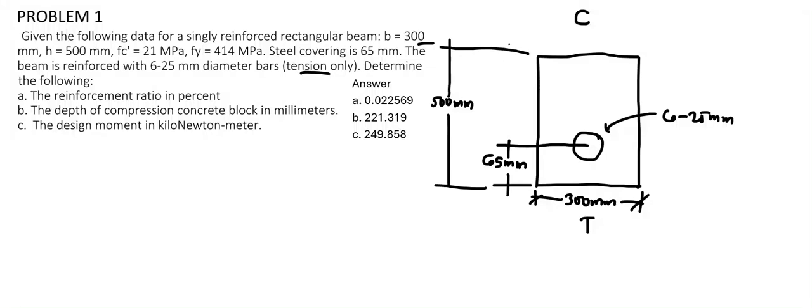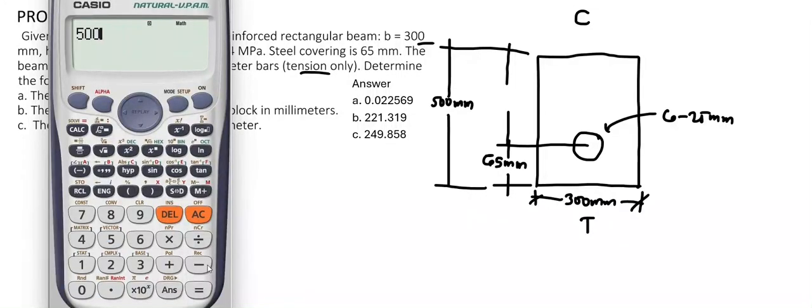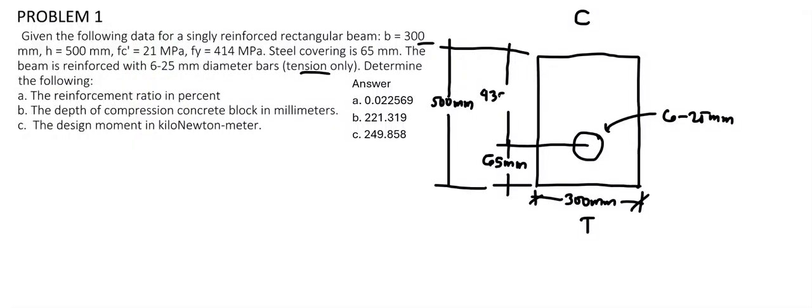So this remaining length here, which is the effective depth of the beam, is 500 minus 65, which is equal to 435 millimeters. Now, to solve for the first problem, the reinforcement ratio is given by the formula rho equals the area of steel on the tensile side divided by b times d, where b is the base of the beam and d is the effective depth.